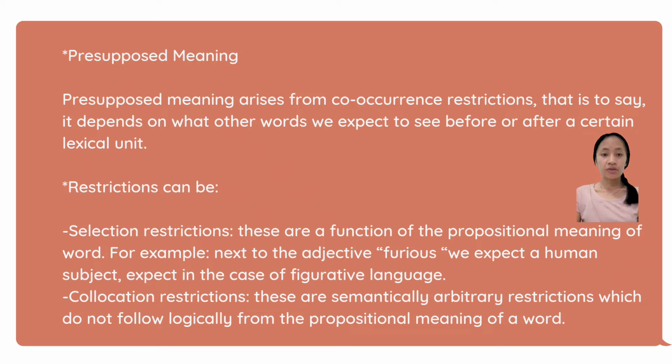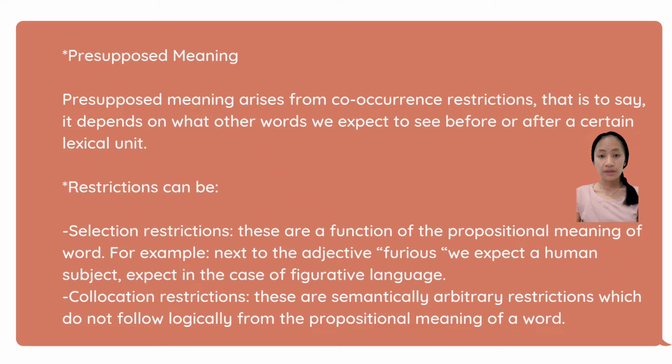Presupposed meaning arises from co-occurrence or structure. That is to say, it depends on what other words we expect to see before or after a certain lexical unit. Restriction can be, the first is selection restriction. Selection restrictions are a function of the propositional meaning of a word.